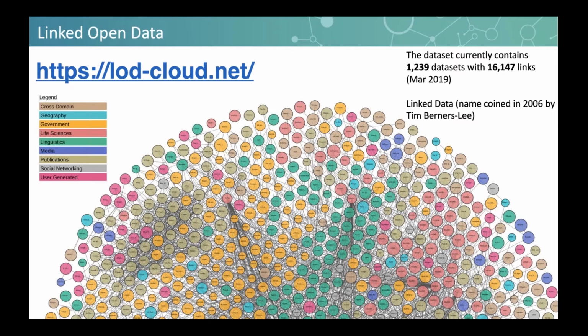So if you go to this website, linkedopendatacloud.net, LOD-cloud, you will see that there are over 1,200 different data sets with 16,000 links. So a huge number of open data sets out there in the world. Each one of these dots here, represented by the legend on the side of different geographies and government, life sciences, etc., links to each other through this web of data.